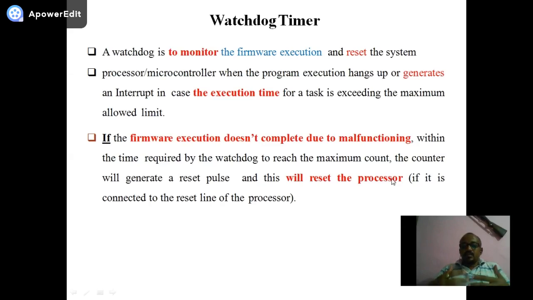When the count exceeds the maximum count, the processor will be reset, so that the embedded system will reboot and function properly again.